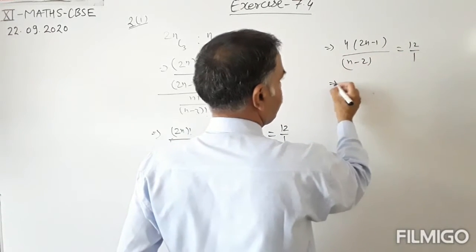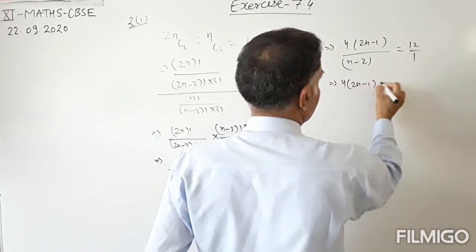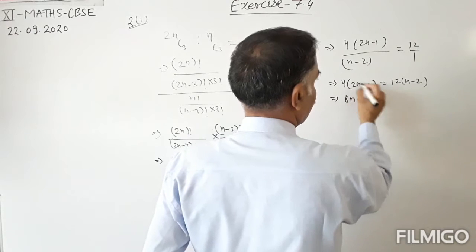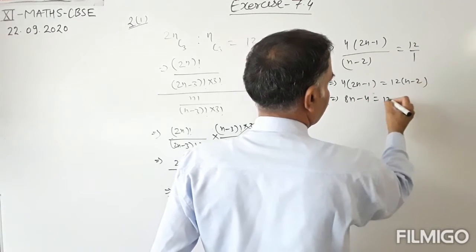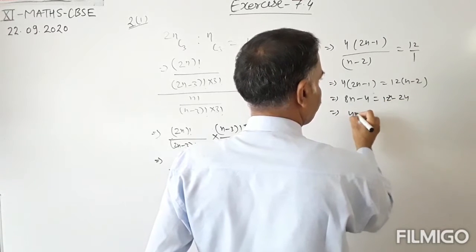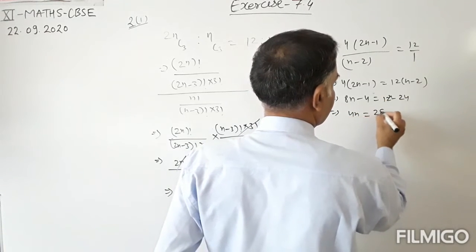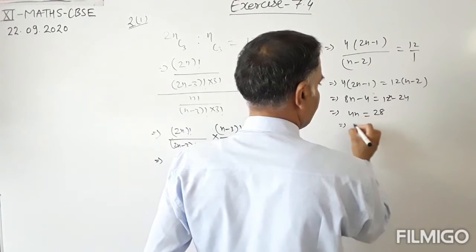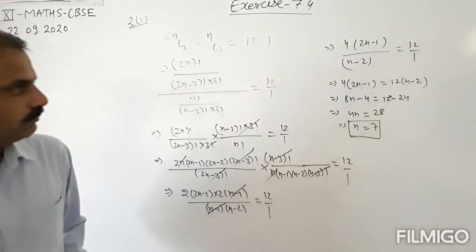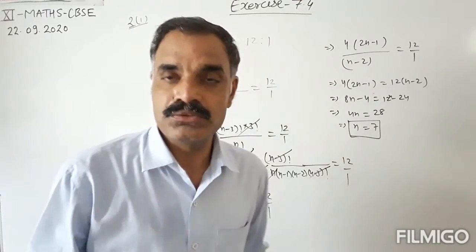So multiplying, we will have 4 into (2n minus 1) equals 12 into (n minus 2). 8n minus 4 equals 12n minus 24. So 4n equals 28, so n equals 7.